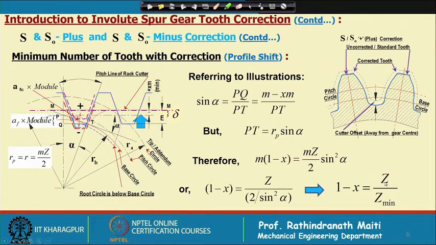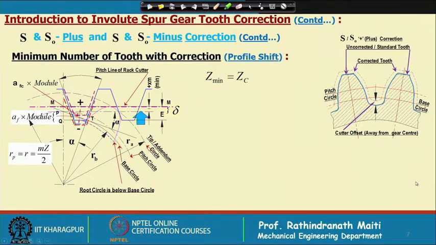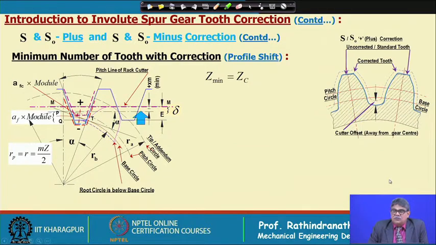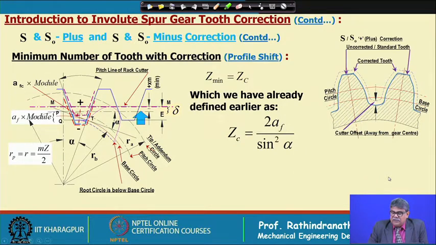Suppose this is 14, then you will find x is positive, that means we have to give the positive correction. Now, this z min is equal to zc, the critical number of teeth which we have already defined, which is given by twice into addendum factor into sin square alpha.